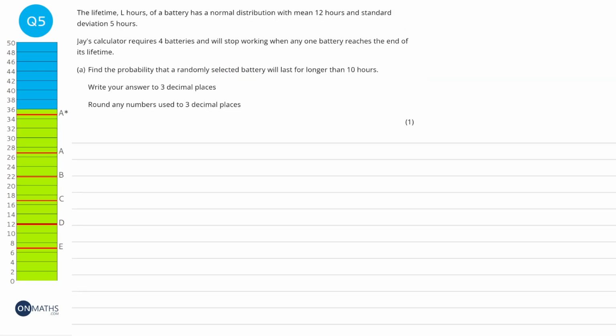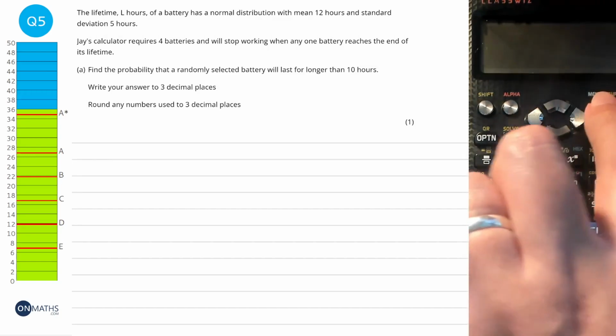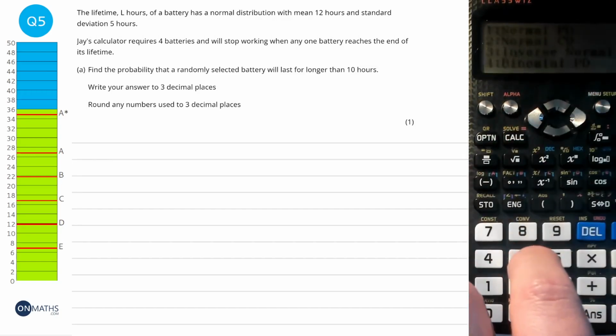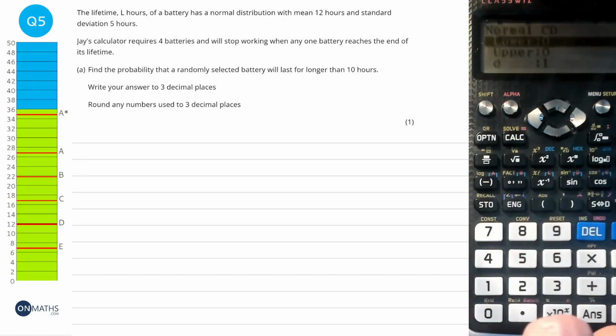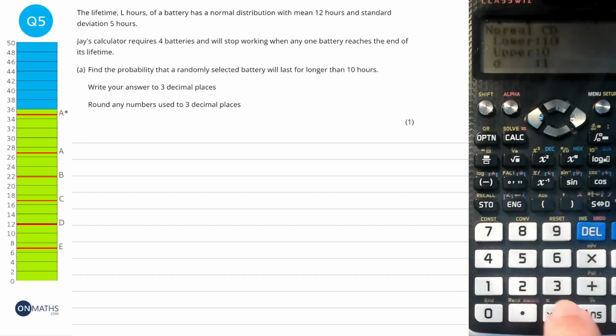So we're going to approach this question by just putting the numbers into the calculator and letting the calculator work out what the answer is. Pretty straightforward. So we're going to start by clicking menu, and we're going to go to number 7. And we want to go to number 2, which is the normal CD. And we're going to put in the lower amount, which is 10, because it says will last longer than 10 hours.